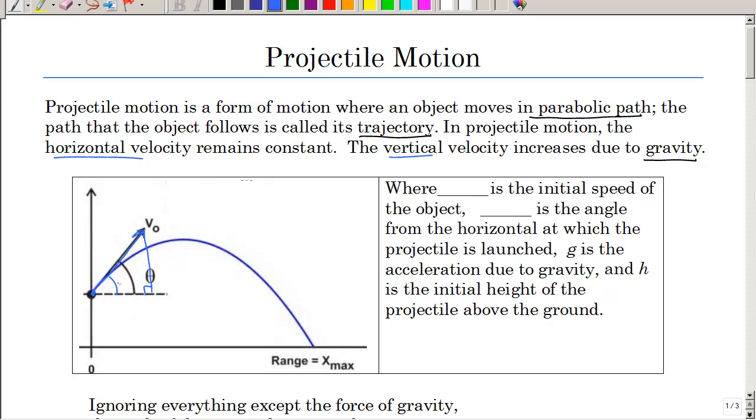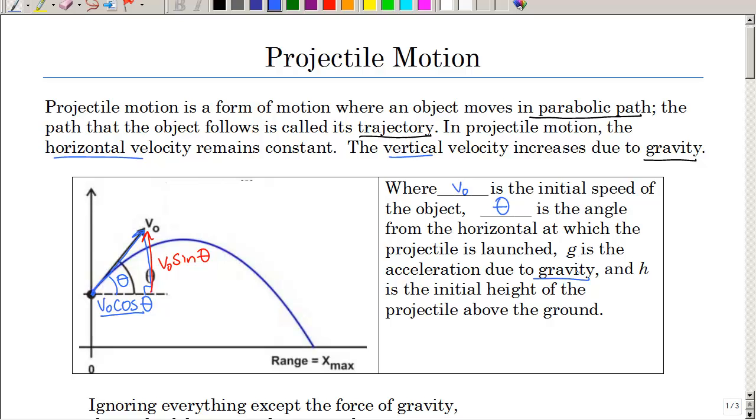If the angle of trajectory is theta, then this component is v naught cosine theta, where v naught is the initial speed of the object, and theta is the angle from the horizontal at which the projectile is launched. So this part is the portion of the velocity in the horizontal direction, where this is the component of the velocity in the vertical direction.